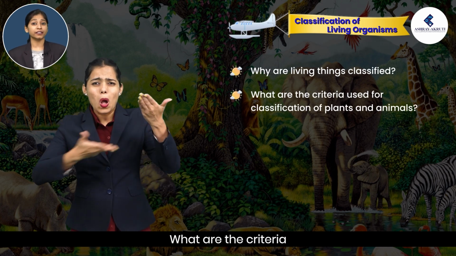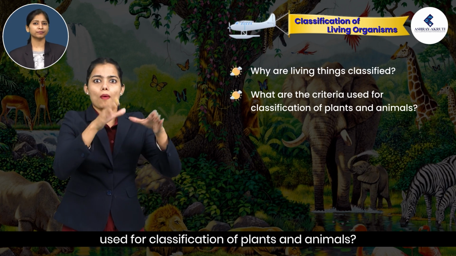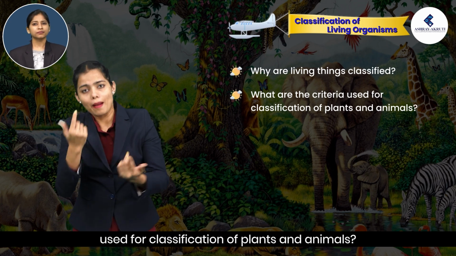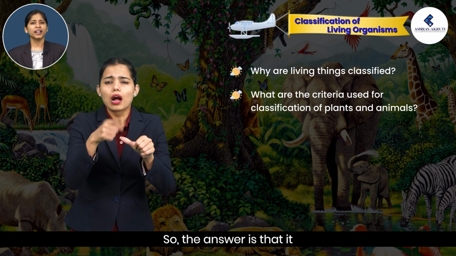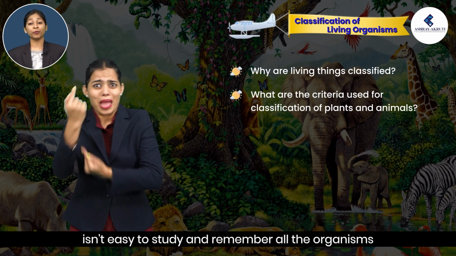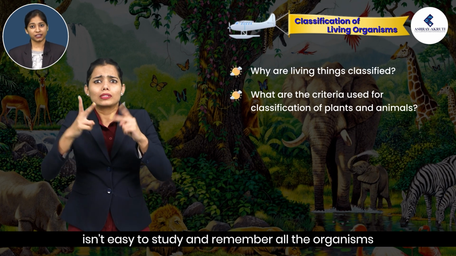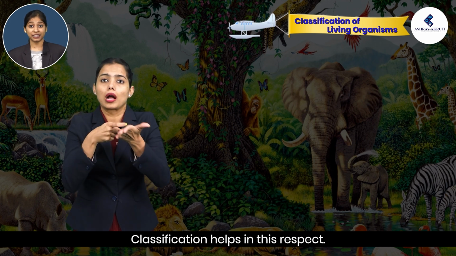What are the criteria used for classification of plants and animals? So, the answer is that it isn't easy to study and remember all the organisms in this diverse living world at the same time. Classification helps in this respect.